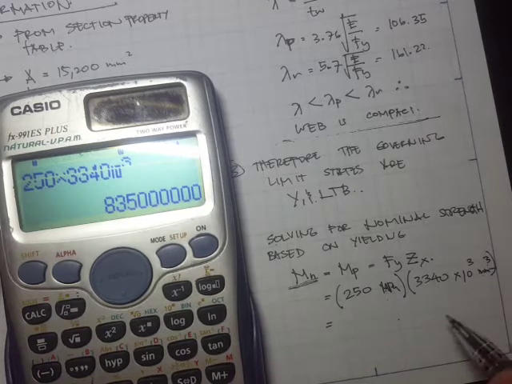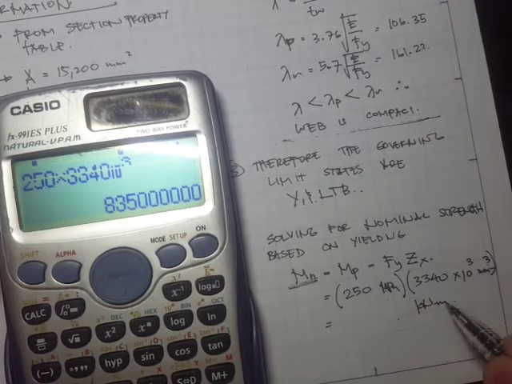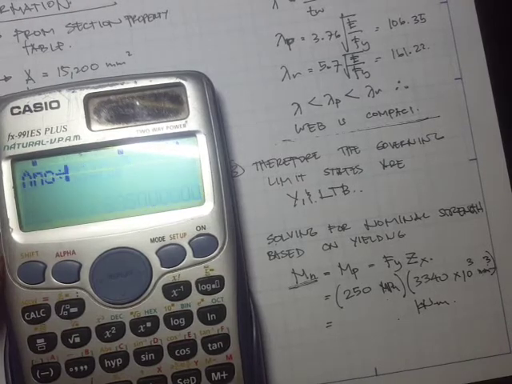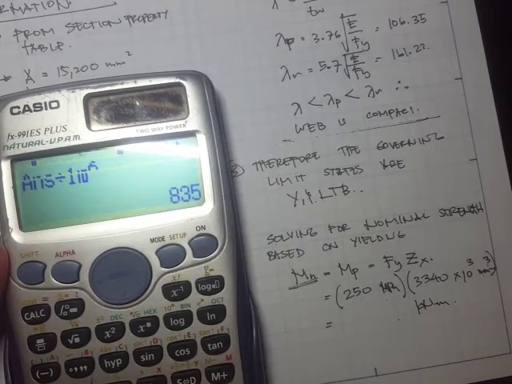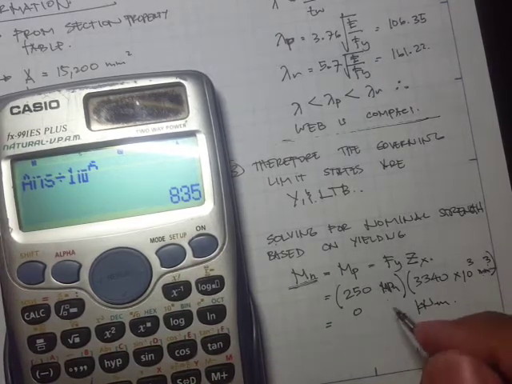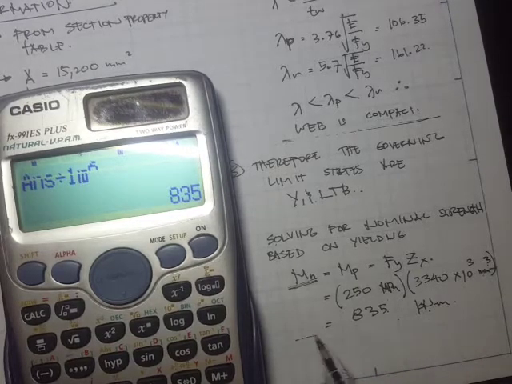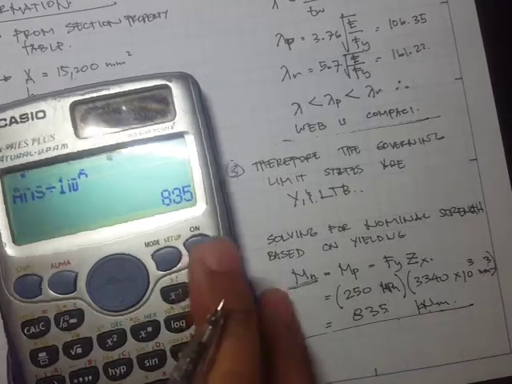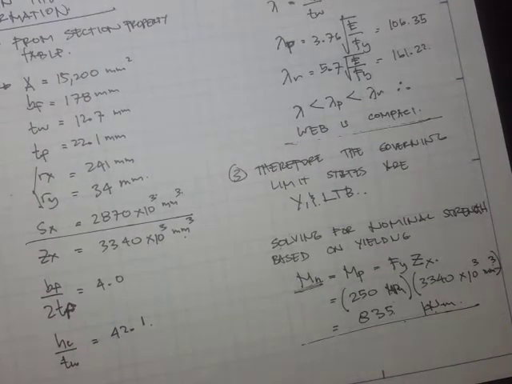So let's say we want a value in kilonewton meter. Therefore, we will divide this by 1 million. That's 835 kilonewton meter. Okay, so that's our nominal moment capacity based on yielding.